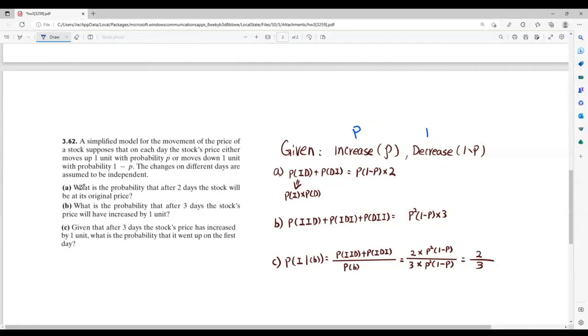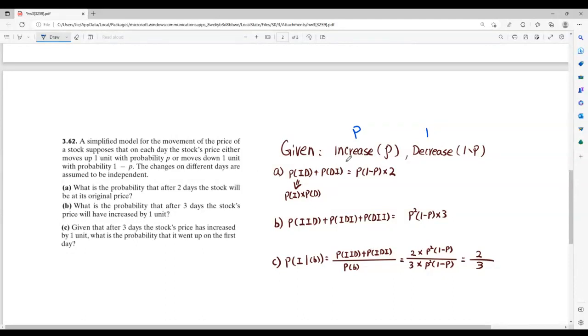And then for part A, what is the probability that after 2 days, the stock would be at its original price? So we have two possible cases, either first day increase, second day decrease, or first day decrease, second day increase.